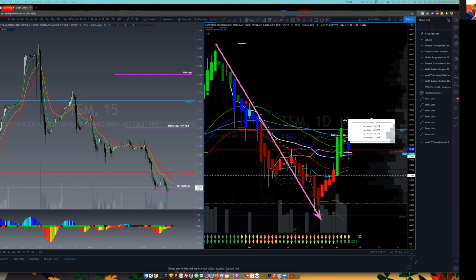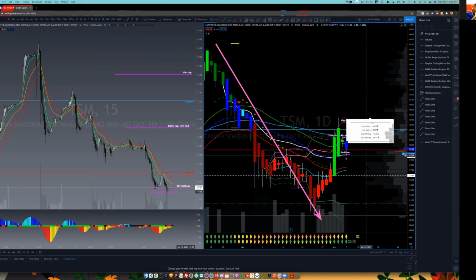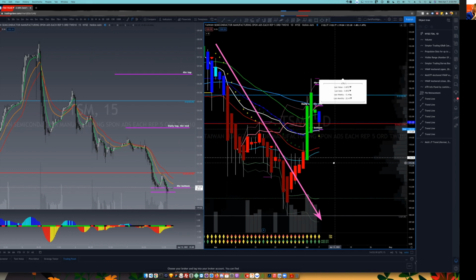We retrace back down to a support level. And that support would be this 21 EMA, which is also the 4-hour bottom.